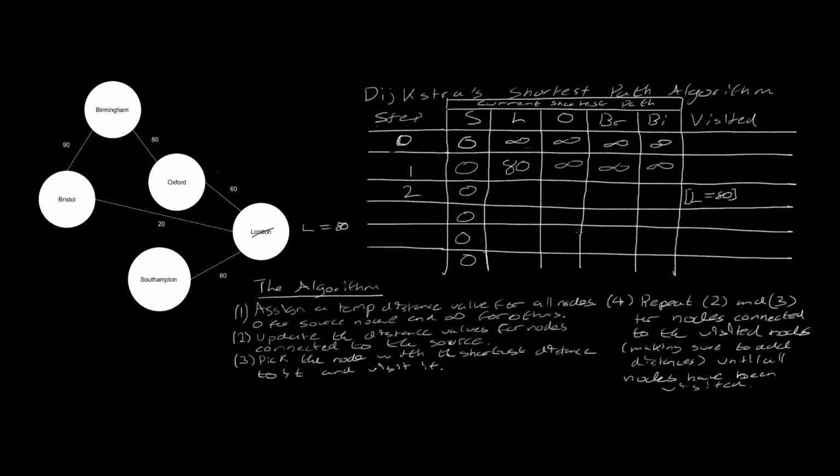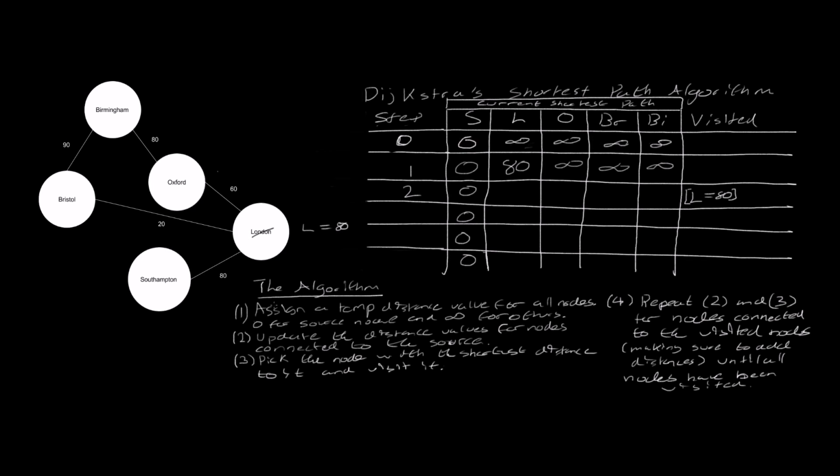So I've visited London, and then I've got to repeat steps 2 and 3 for nodes connected to the visited nodes, making sure that I add the distances up. So if I'm going to Bristol, my shortest path from Southampton to Bristol is 80 plus 20, not just 20. And I repeat until all of my nodes have been visited.